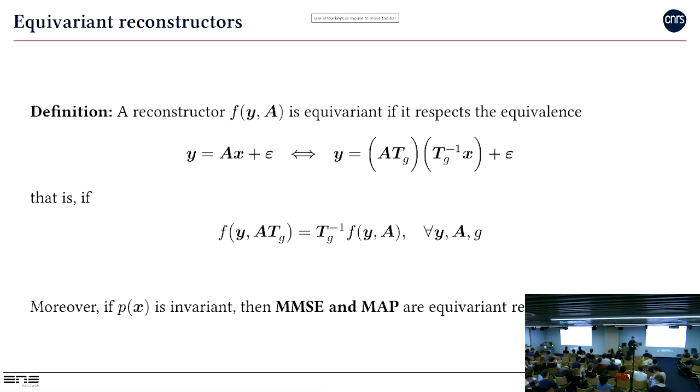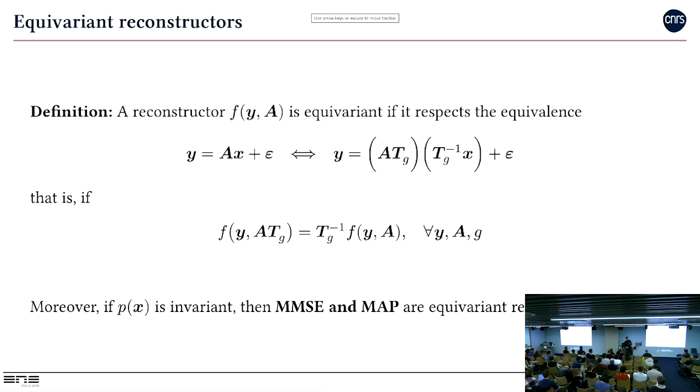What we want is that a reconstructor is consistent for different transformations. If I observe through a composition of A with a transformation, the transformation should come out in the reconstruction.